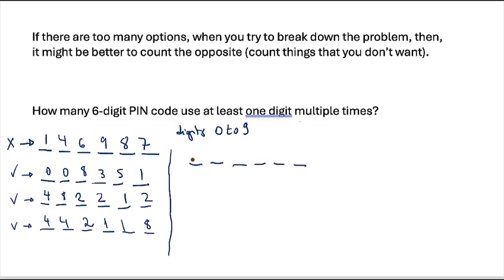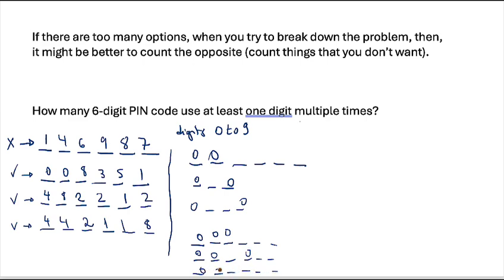The 0 repeats, but you would have to count the one that repeats here, the one that repeats here, the one that repeats here, and then this is only the ones that repeat 2 times. You could have the one that repeats 3 times, and then you would have to organize and try to find how many repeat this way, or this way.